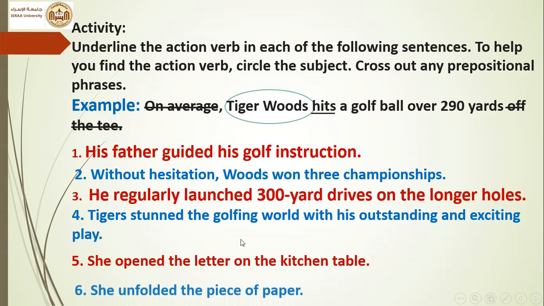And number 6, she unfolded the piece of paper. So you are going to cross out all the prepositional phrases, and maybe you will find more than one, then circle the subject, then underline the action verb.